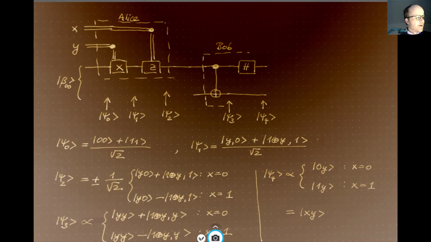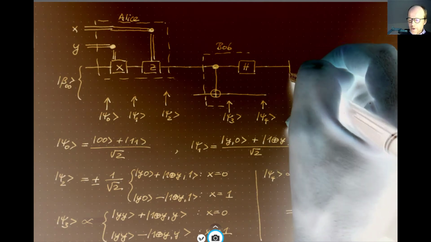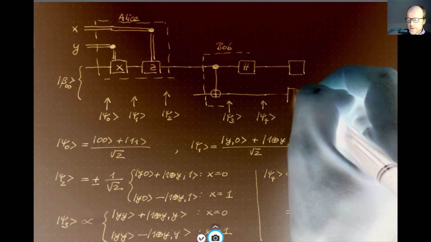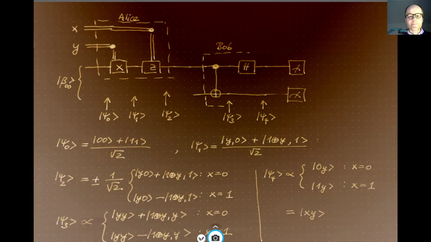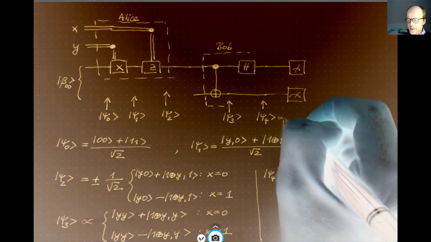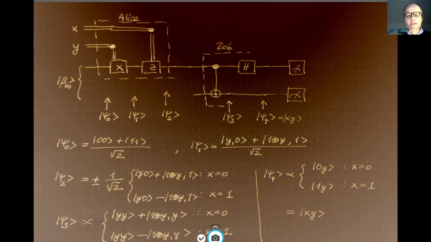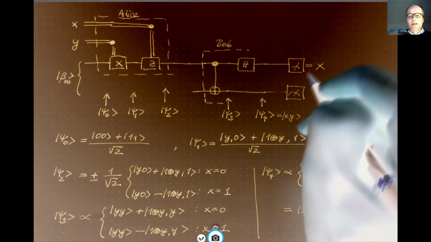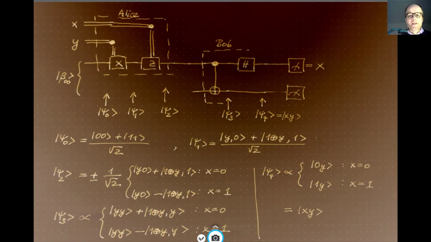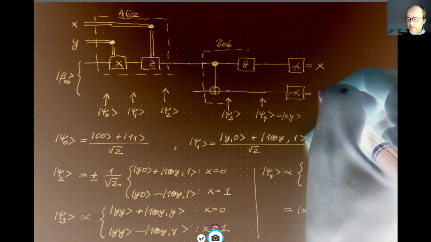And now it is clear that if Bob performs on the two qubits measurements in the standard basis, so the state psi4 is the basis state xy, then for the first qubit this will return x, and for the second qubit this will return y.